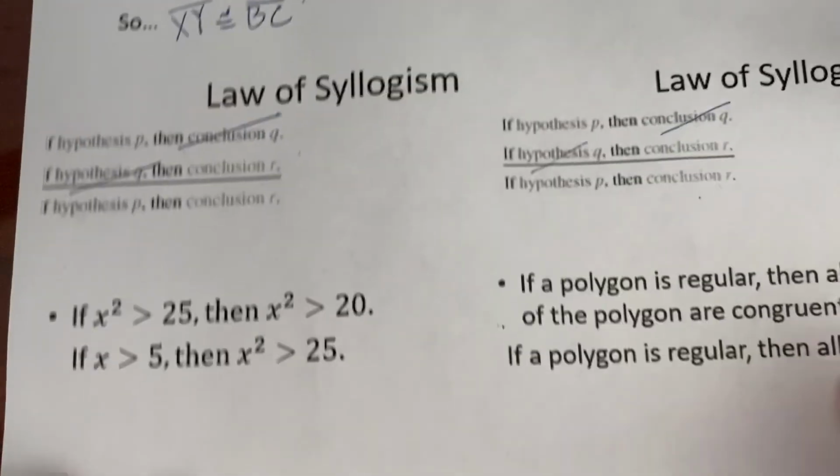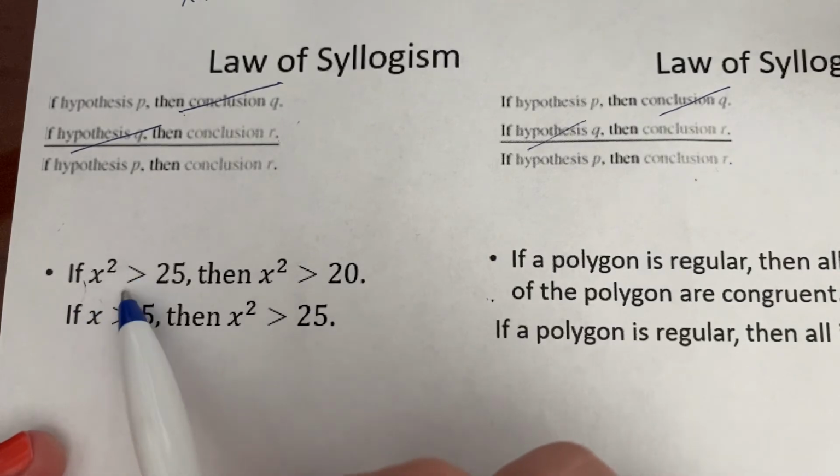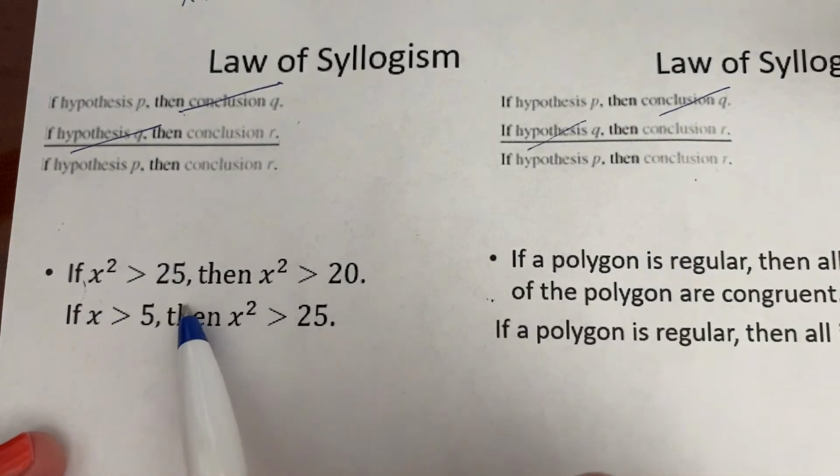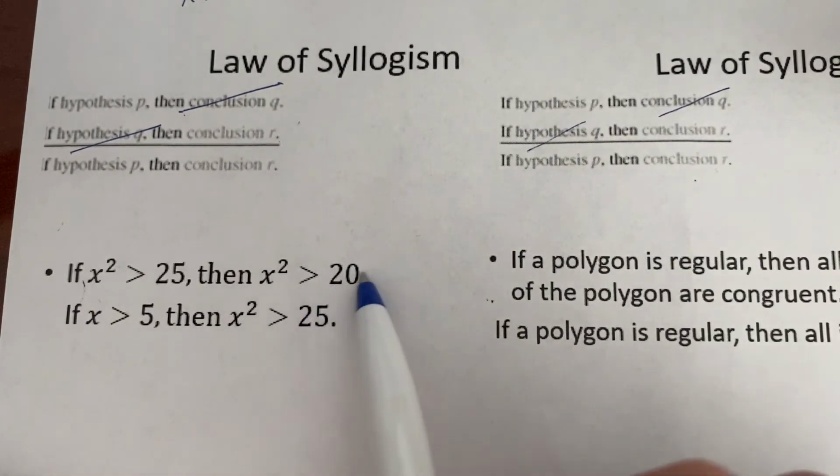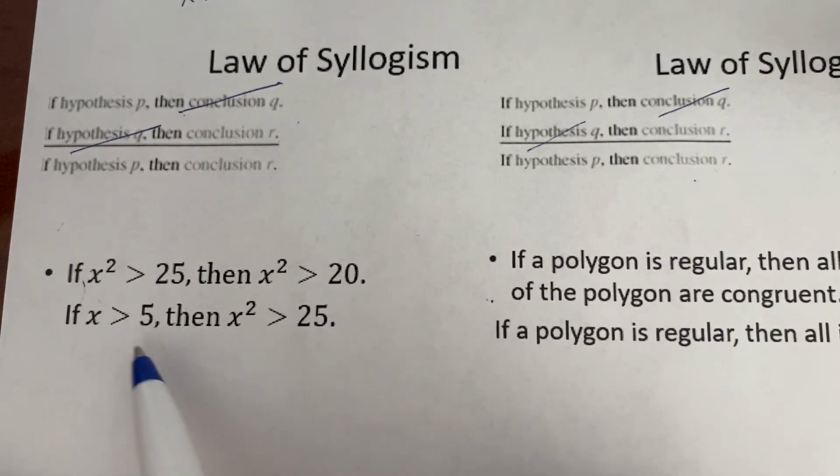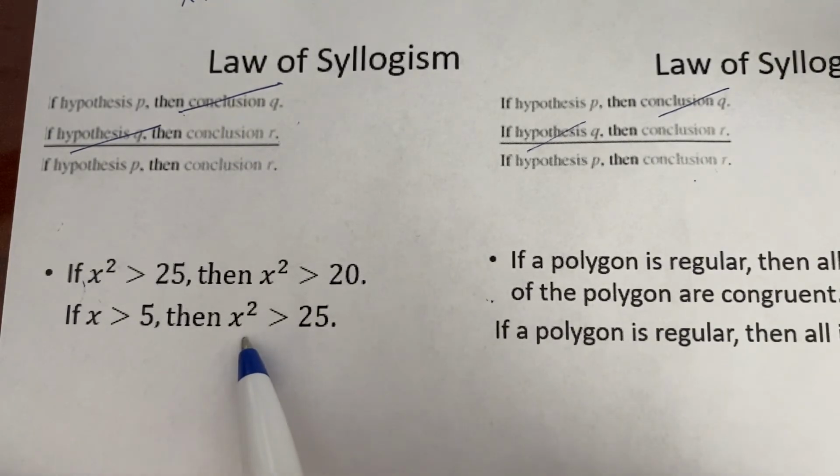All right, here's an example. If x squared is greater than 25, then x squared is greater than 20. If x is greater than 5, then x squared is greater than 25.